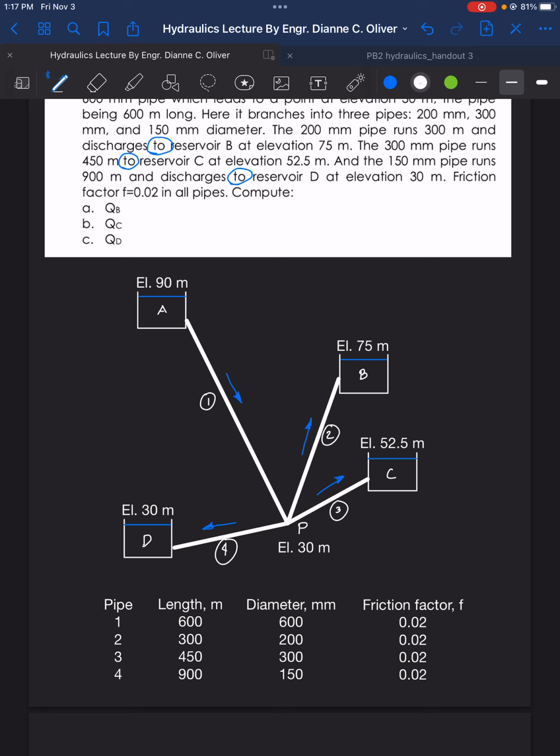We need to be consistent with the worded problem for reservoir D. The pipe from the junction P to reservoir D is 150 mm in diameter and 900 meters in length. So for pipe 4, we have 150 mm and 900 meter length. So it should be consistent.